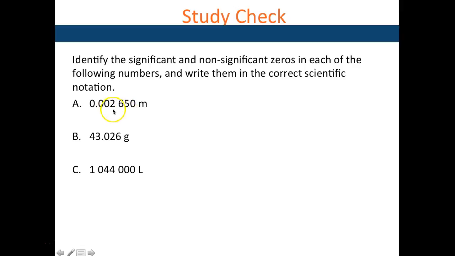So therefore 2, 6, 5, and 0 are significant. So 4 sig figs. Here there's a 0 wedged in between non-zero digits, so it is significant. So 1, 2, 3, 4, 5 sig figs. Now this is a really large number greater than 1. Again, these are placeholder zeros, so you have 1, 2, 3, and 4 sig figs.